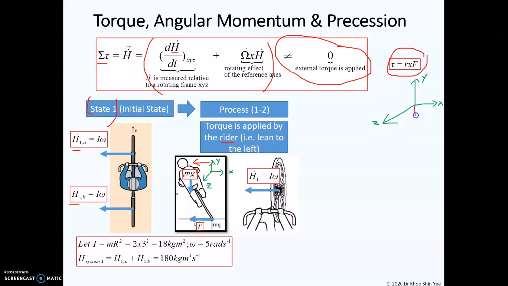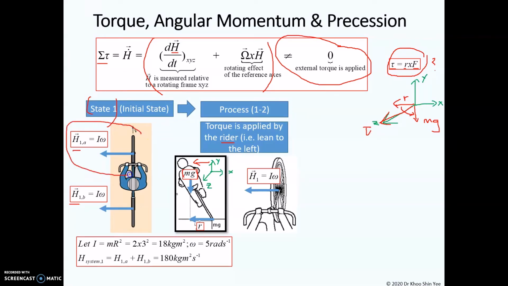If the force is acting downward with mg, and the displacement vector is moving to the left by r, we know that r cross F gives us the torque, but where is the direction of the torque? You can apply the right-hand rule: take r cross F, and you should obtain that the torque is acting in the z direction.